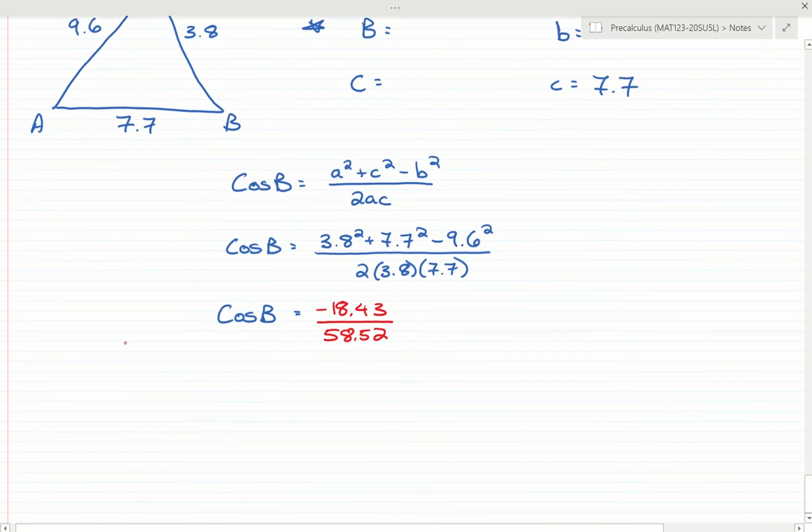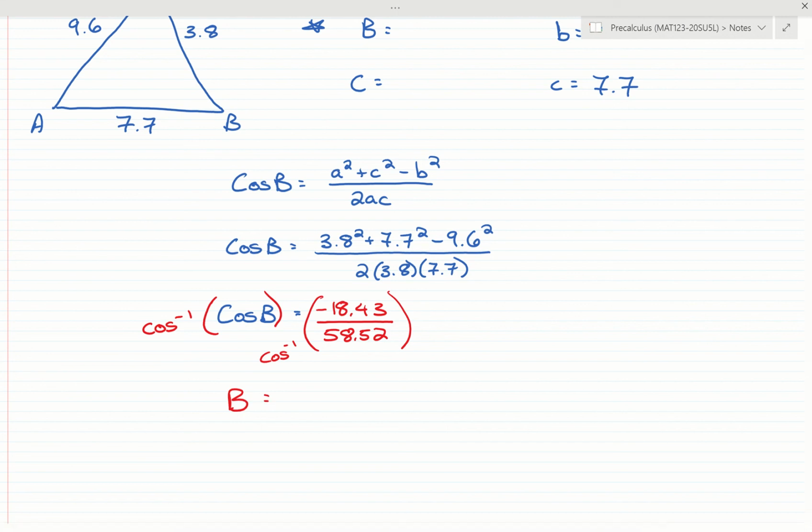So if we want to figure out what angle B is, we have to take the inverse cosine of both sides. So I'm going to type into my calculator inverse cosine, negative 18.43 divided by 58.52. My calculator is telling me this is 108.4 degrees.